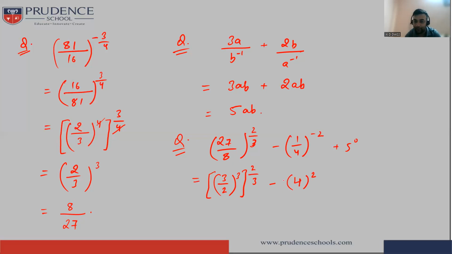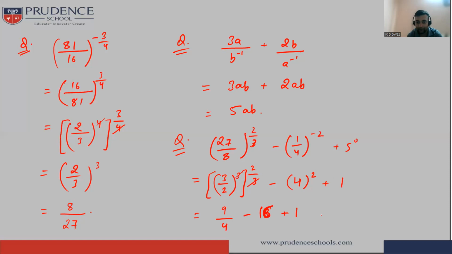Negative power made positive, and we have reciprocated the base, and plus 5 raised to power 0 is 1. So here 3 will cancel out each other and you will get 3 upon 2 whole square, which is 9 upon 4 minus 16. 4 square is 16 plus 1.